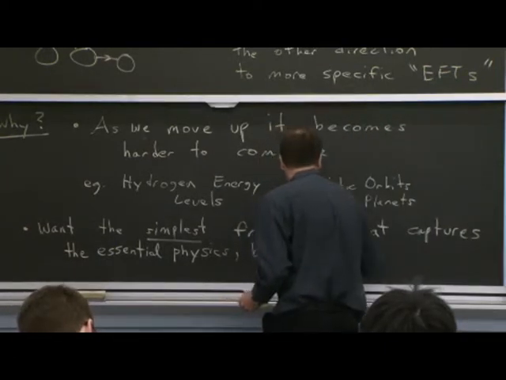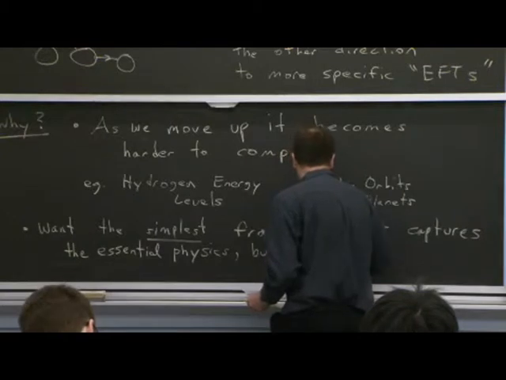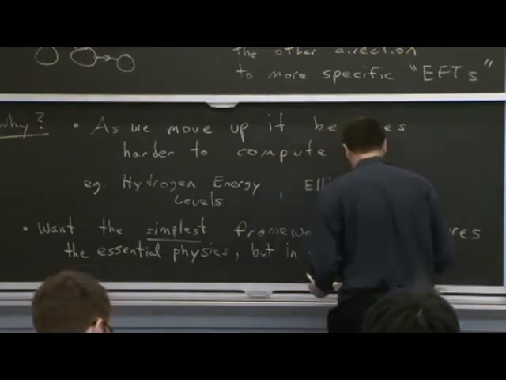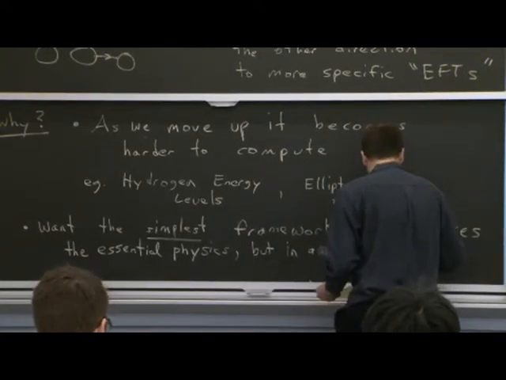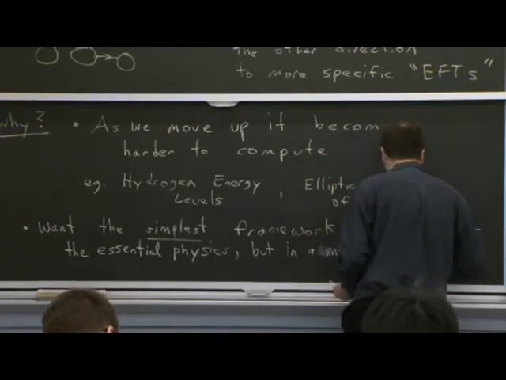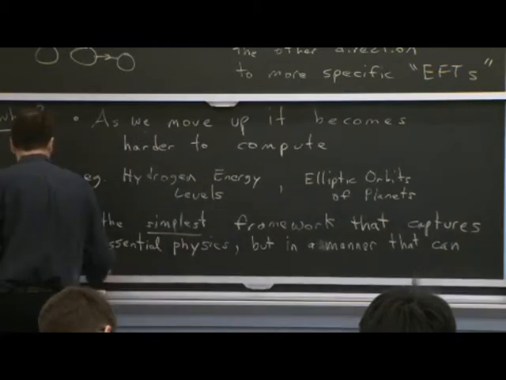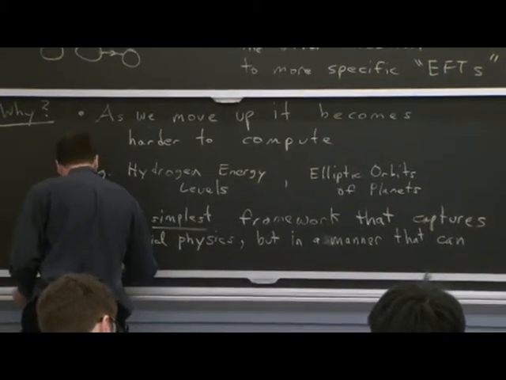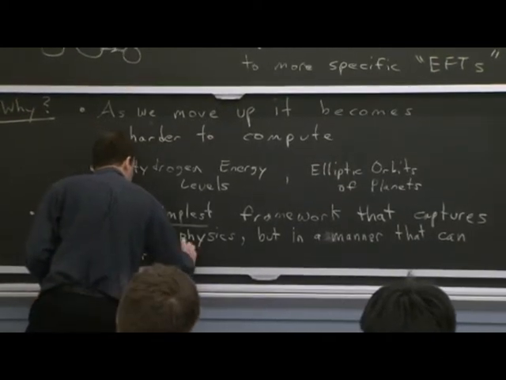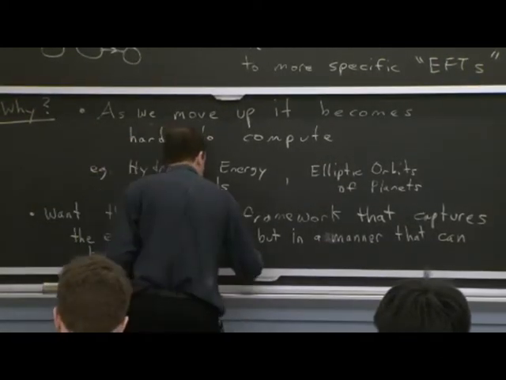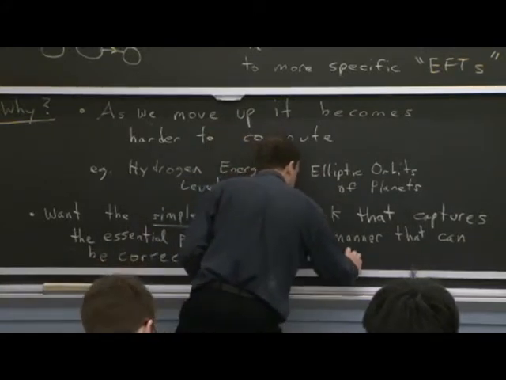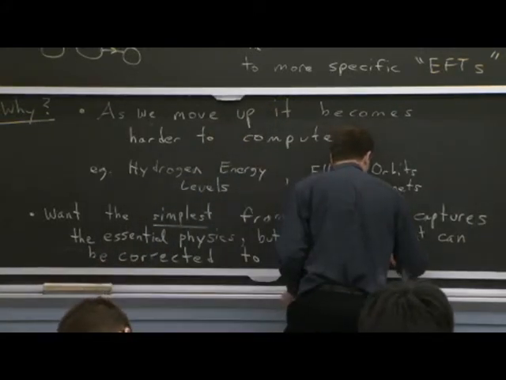Even if we're giving up something in our leading order description, we want to retain the ability to correct that leading order description order by order in some expansions so that we can make it as precise as we desire. So I'll say that we can correct it in principle to arbitrary precision.